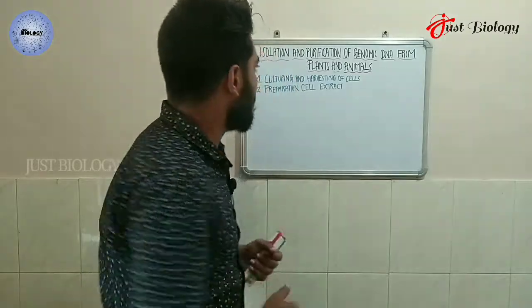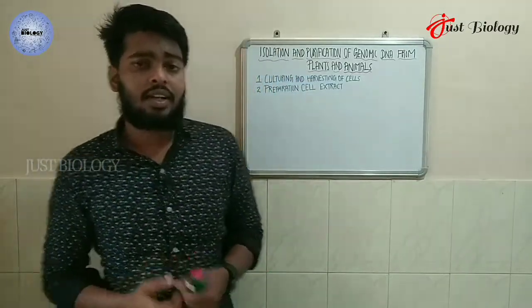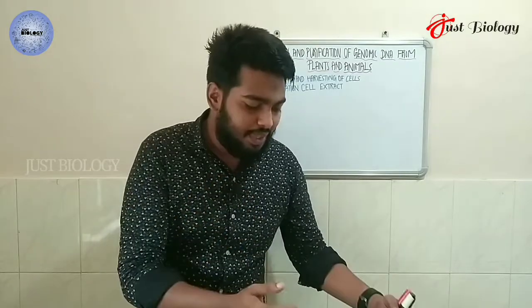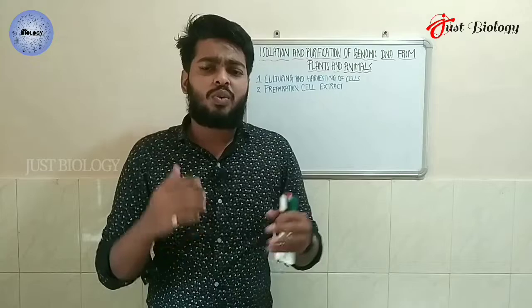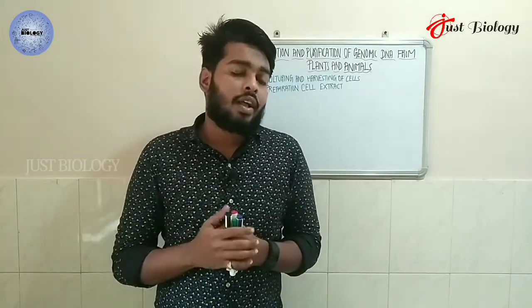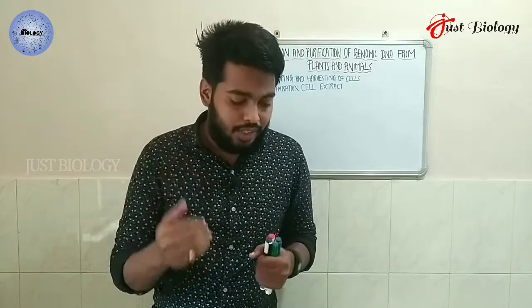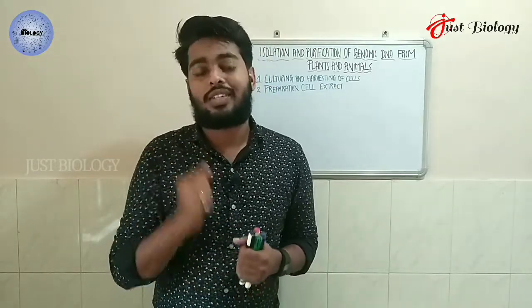Let's begin with plant. If you look at the plant cell, you can find specific features when compared to the animal cells. What are the special features of plant cell unlike animal cells? You can see the plant cell will have both cell wall as well as the cell membrane.